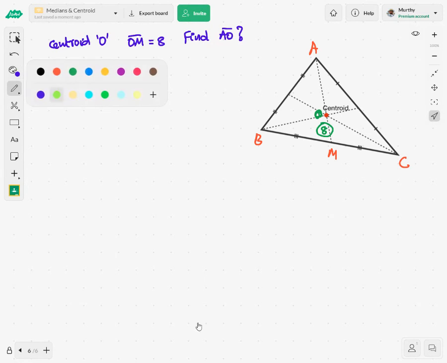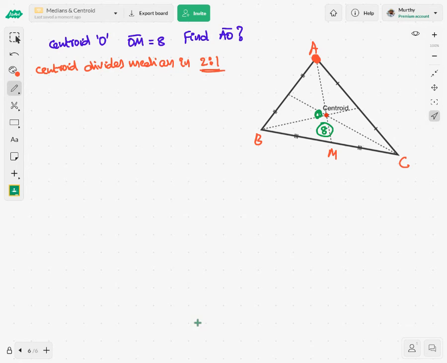Friends, always stick to the ground rules or the basic rules. So we know that the centroid divides the median in the ratio of 2:1. Several times we discussed it.